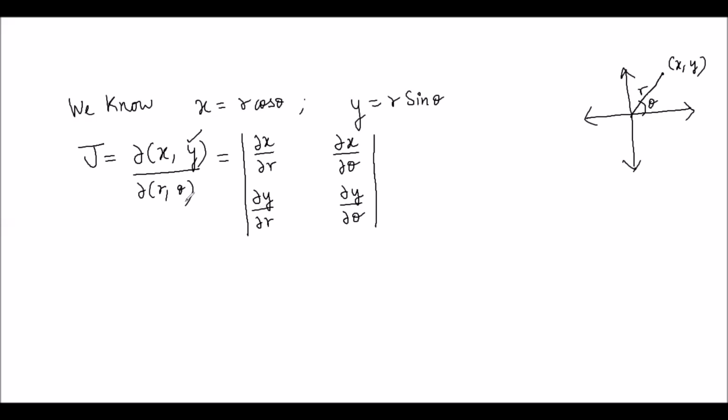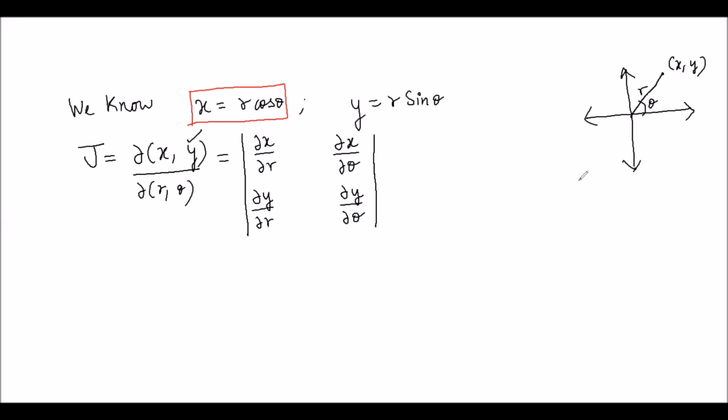Let me tell you how we evaluate partial derivatives and when we use this notation. We talk about partial derivatives when we talk about a function of more than one variable. If you see the definition of x, it involves both r and theta. x depends on both r as well as theta, so it is a function of two variables.